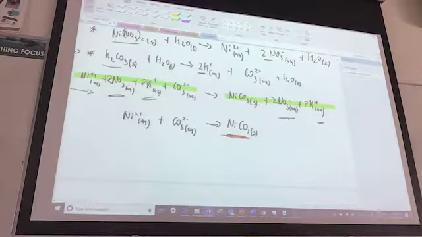So the solution would become colourless, wouldn't it? Because the nickel, which was making the solution green, is coming out of solution into the precipitate. So the ion that's making the solution green is no longer in the solution, therefore the solution becomes colourless.